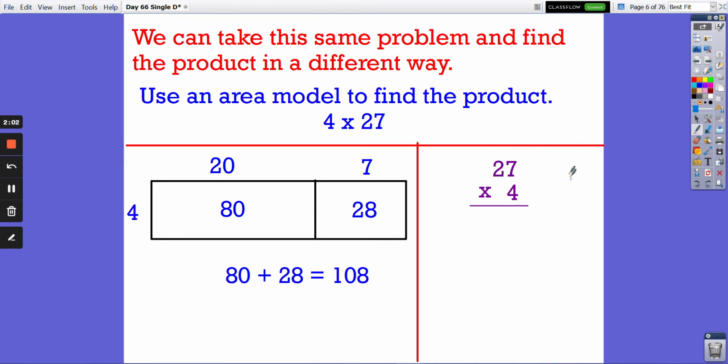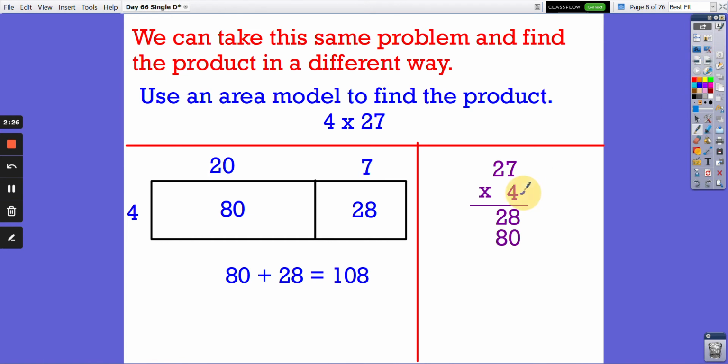Okay. So I'm going to look and I say that 4 times 7 gives me 28. With partial products, you just write the whole number that you got when you multiplied down below. So I did 4 times 7 to get 28.